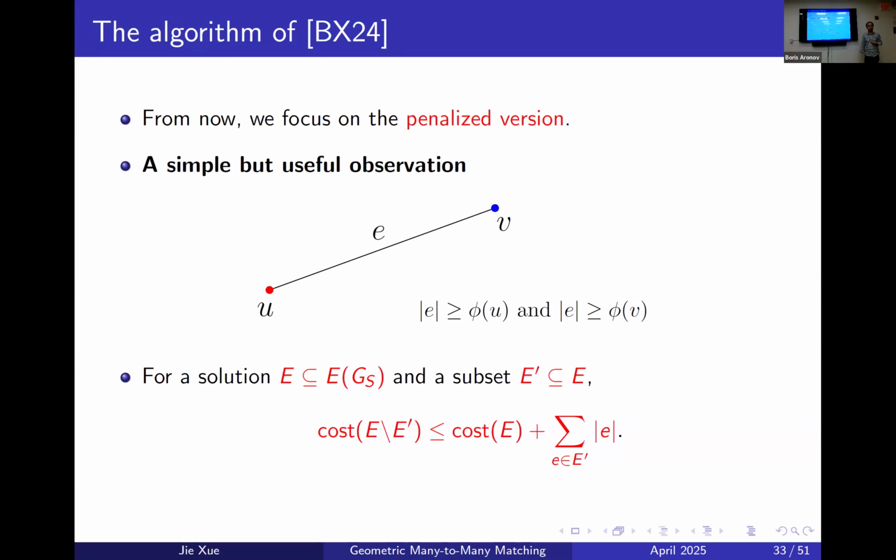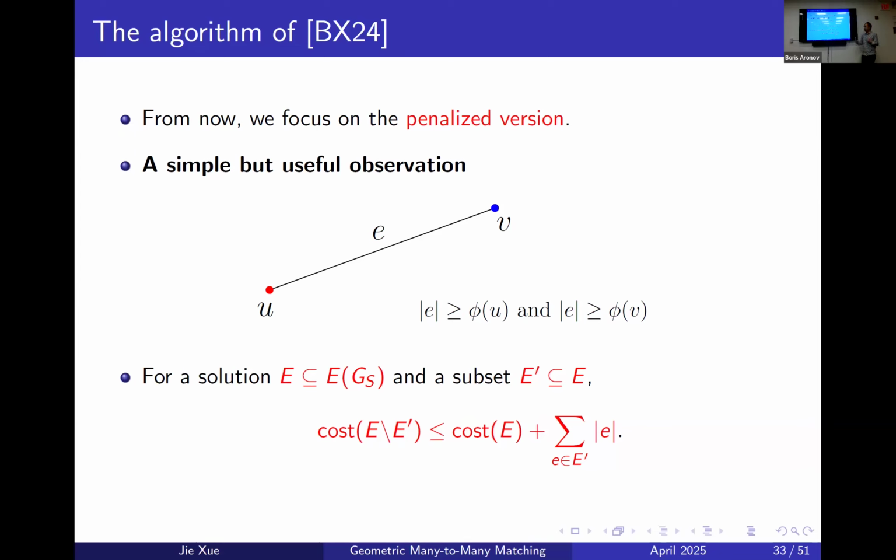edges. So that means you might need to pay for those unmatched points. So first your cost will decrease because of the removal of these edges. Then your cost will increase because you have additional penalty to pay.